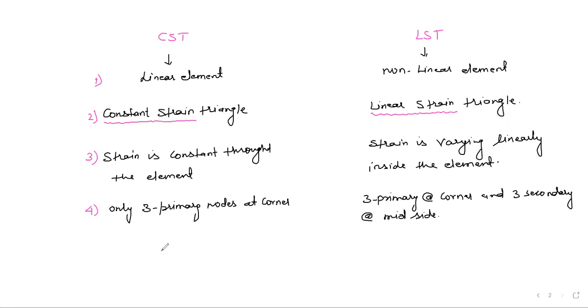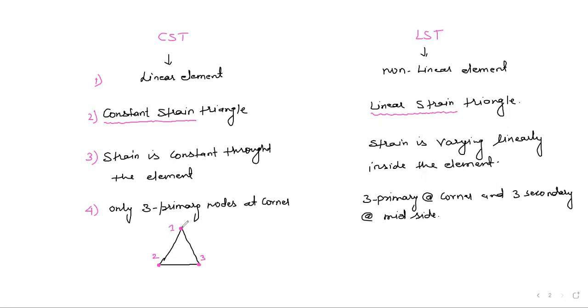Middle of the sides. For example, let me draw the triangle, the constant strain triangle element. Let us take this is the element. So here we will have how many nodes? 3 nodes: node number 1, node number 2, node number 3. At each node we will have 2 displacements.